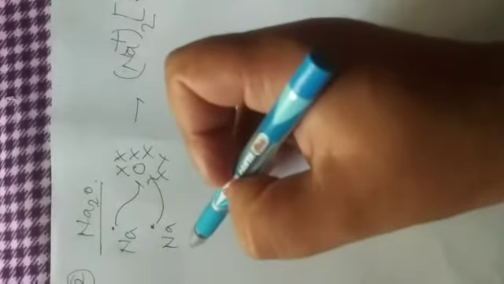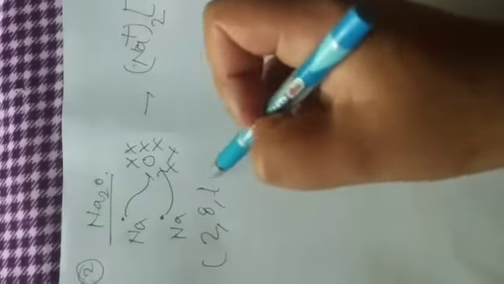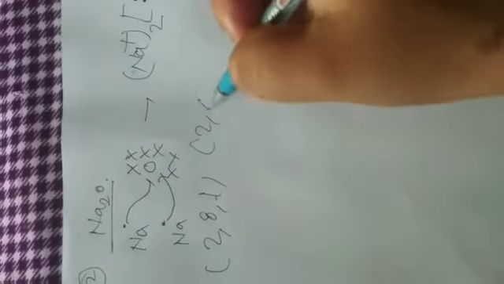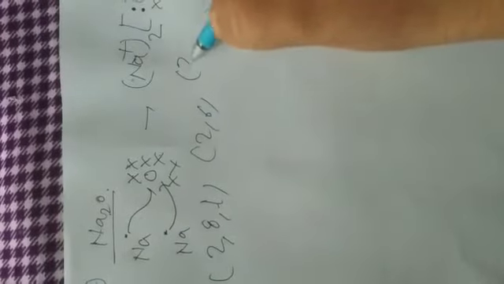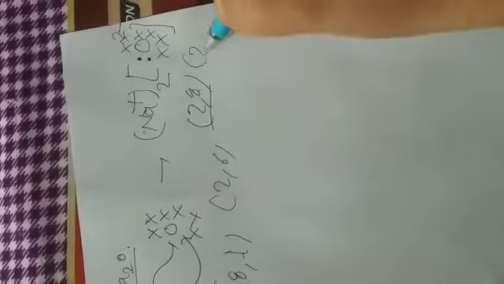Sodium loses 1 electron, leaving 2,8, and oxygen has 2,8.